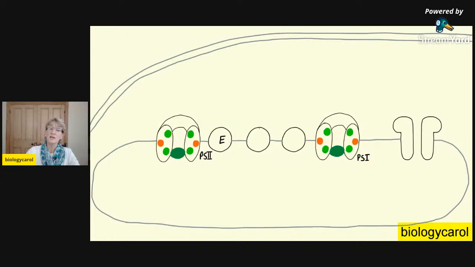And these 3 proteins between photosystem 2 and photosystem 1 are the electron transport chain. They are a specialized set of proteins that can transfer electrons down the electron's energy level. I'll go into that in a second.